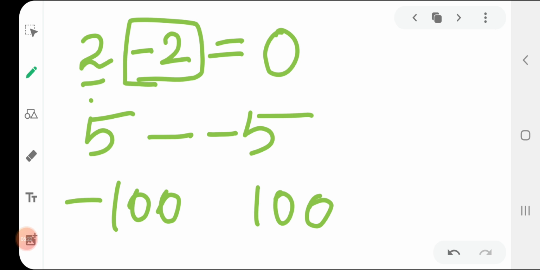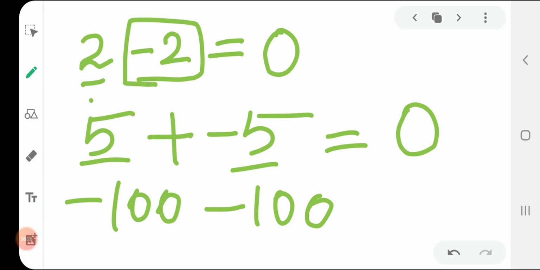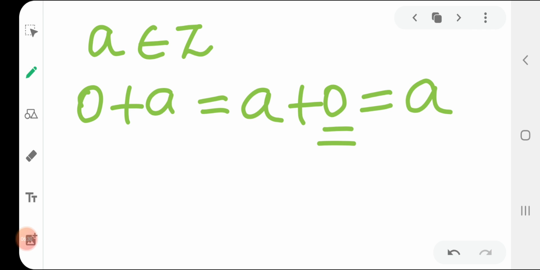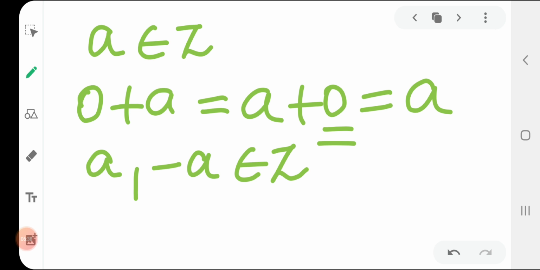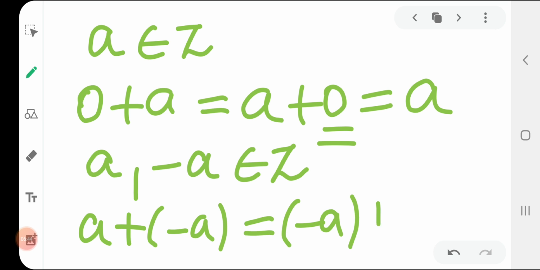Now, if you add the number and the inverse number, we will get 0. That is the inverse property. If you generalize this property: a, minus a belongs to Z, so the inverse also will be in the integer set. Now, a plus minus a equal to minus a plus a equal to 0. That is the additive identity. This is called the inverse property.